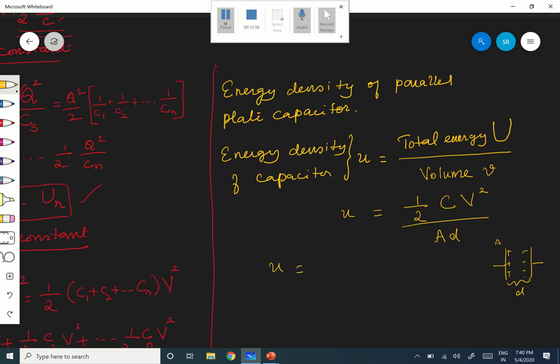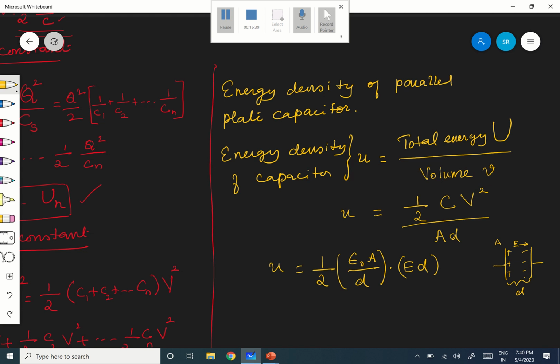Now you can write half C, where for a parallel plate capacitor C is epsilon naught A by D. I am substituting epsilon naught A by D. What is V? If the electric field between the plates of the capacitor is E, then V can be written as E into D, the potential difference between the plates.